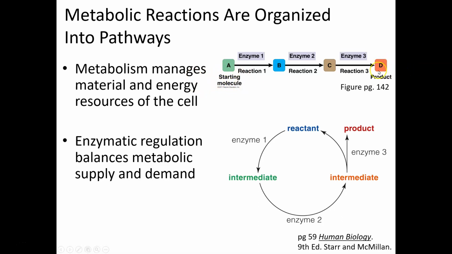The end product would be D. End product's probably a better name than just product. So D would be the end product. B and C would just be intermediates because they're in the middle, right? And enzyme 1 catalyzes the reaction from A to B, enzyme 2 from B to C, and enzyme 3 from C to D.